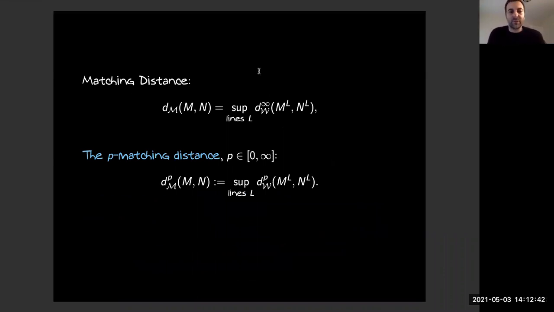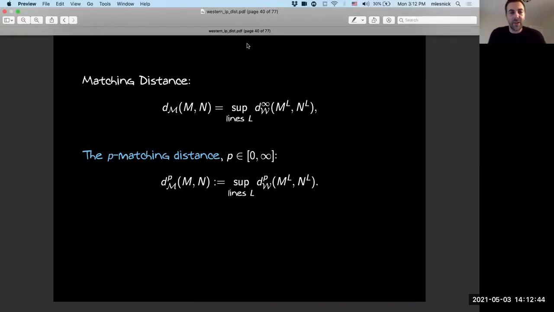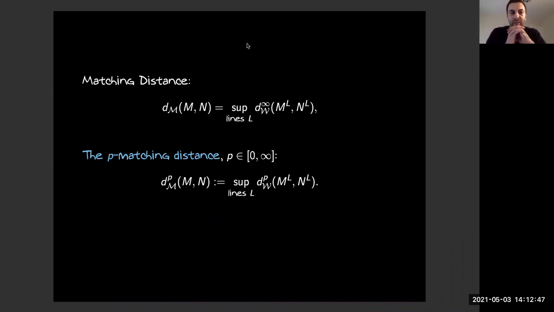Now we come to the definitions. I'm going to define the p-matching distance first, because it's really easy. Here's the definition of the matching distance from before. To define the p-matching distance, all I'm going to do is replace the bottleneck distance in this definition with the p-Wasserstein distance.